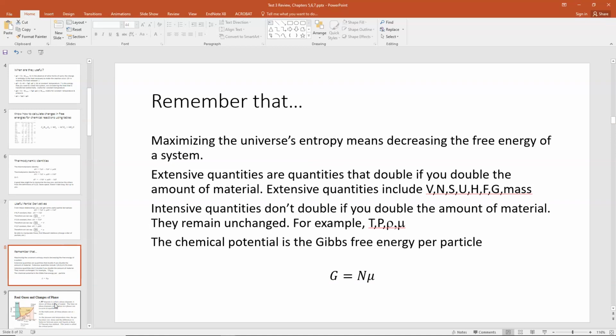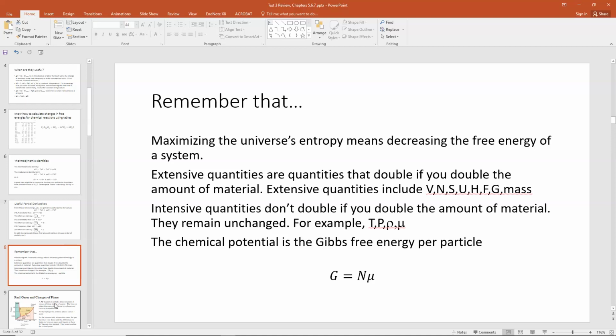Now remember that maximizing the universe's entropy means decreasing the free energy of the system. We proved that those were equivalent statements. We also covered extensive and intensive quantities. Extensive quantities are quantities that double if you double the amount of material, and they include things like the volume, the number of particles, the entropy, and so on. Intensive quantities don't double if you double the amount of material.